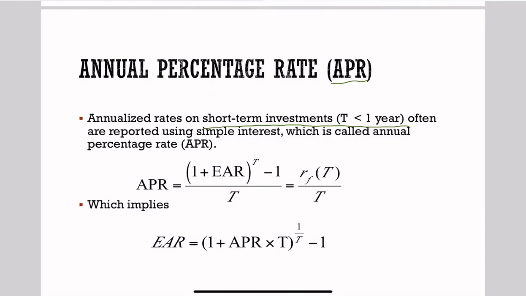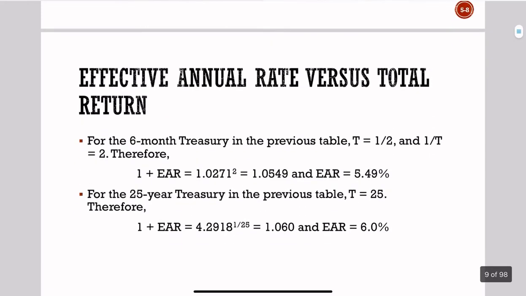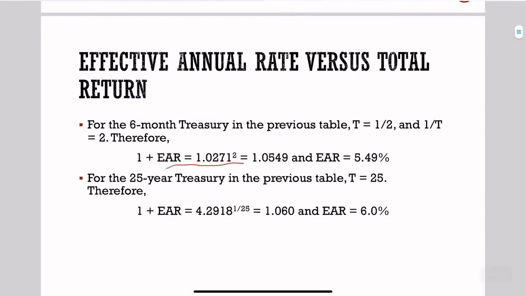In this case, you annualize the return using simple interest. If you look at EAR here, you're actually annualizing the return using compound interest rate. So what you're doing is you invest for the first 6 months, and you continue to invest for another 6 months.